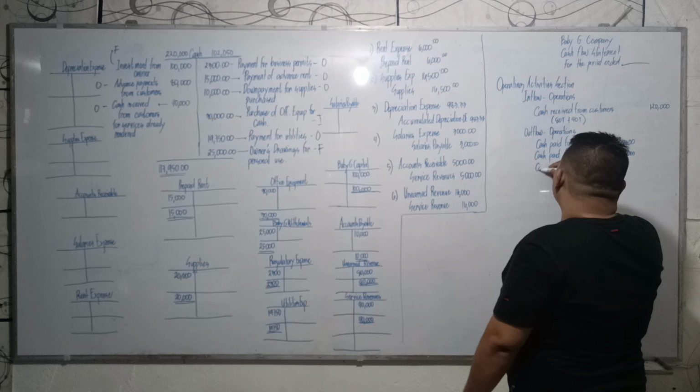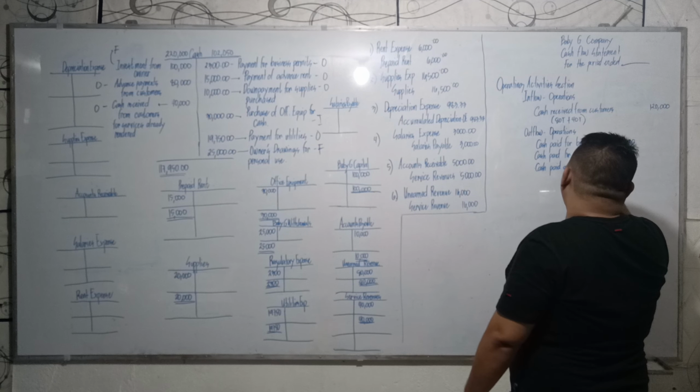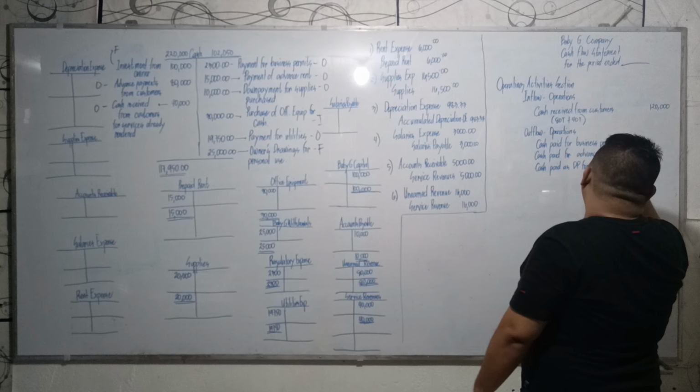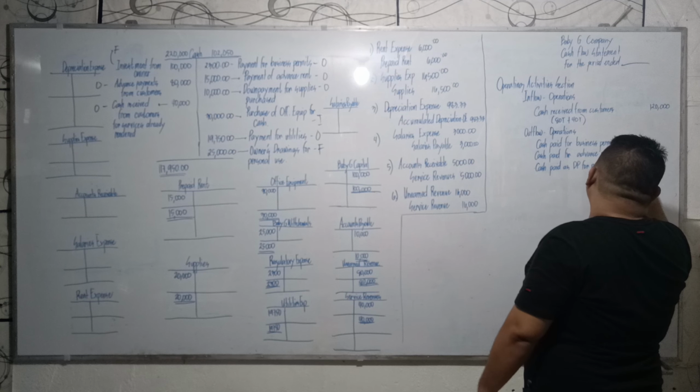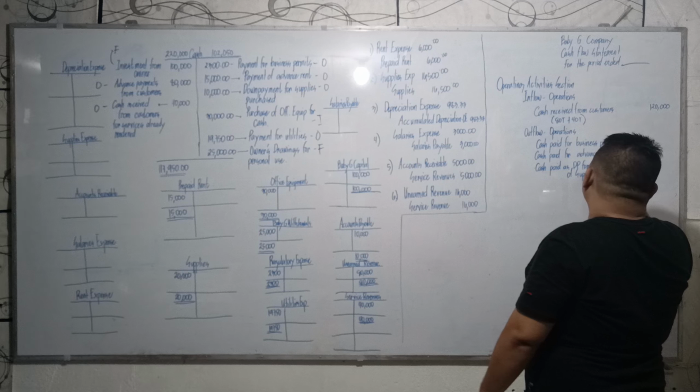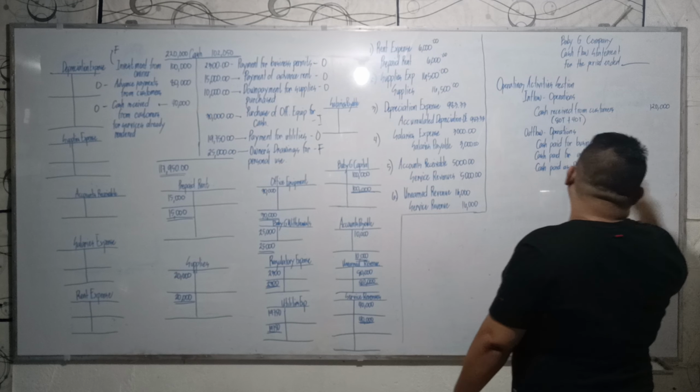So cash paid as DP, down payment for purchase of supplies. That's 10,000.